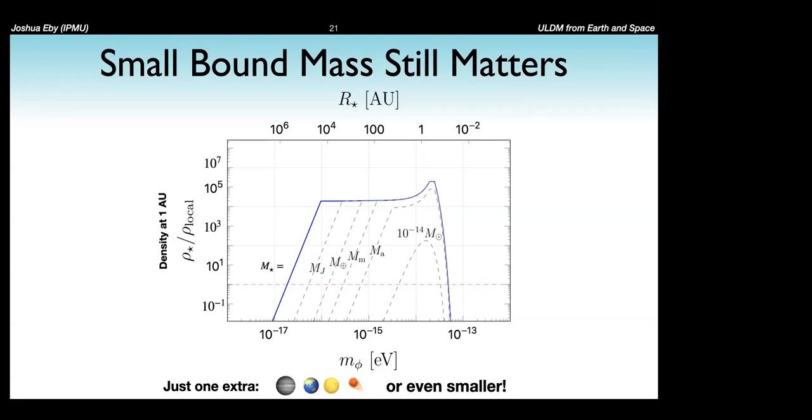If you add merely a small asteroid mass, you can still get density enhancements of almost 10 to the 5, and so on. So you should imagine in this case one asteroid of dark matter spread out over an AU or 10 AU or 100 AU. This is a very, very small amount of mass that would need to be bound in order to have the kinds of effects that I'm talking about here.